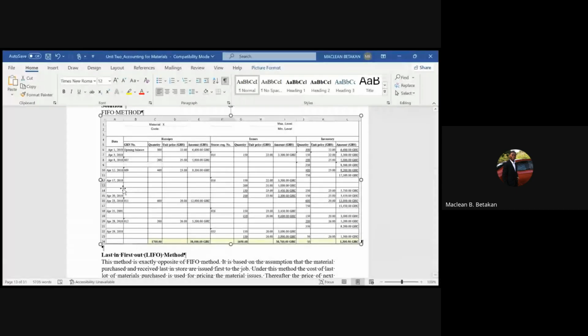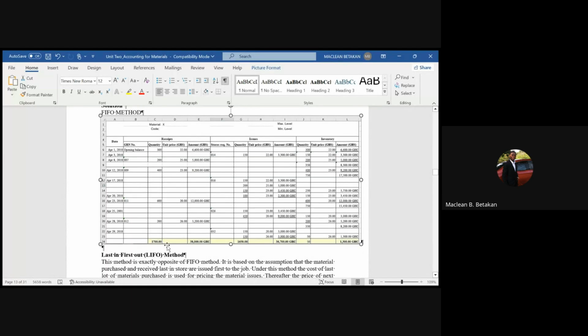You do it day by day, and it will not be difficult for you. It's just that by the end of the year, you have plenty of transactions. Most companies use systems, it's just software, you enter it and it does it for you. So this is the FIFO method.